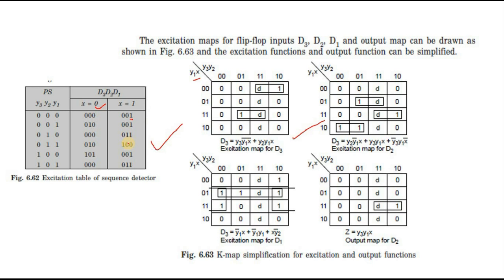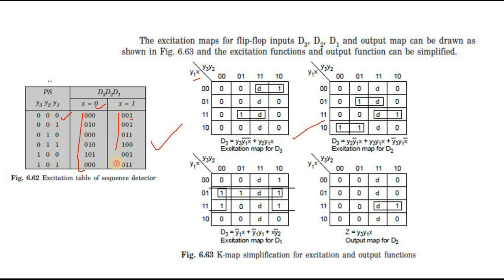So y2 is 0, y1 is 0, x is 0 and y3, y3 and y1. So like that we have to build for D3. So this is D3, right, and this is also D3.